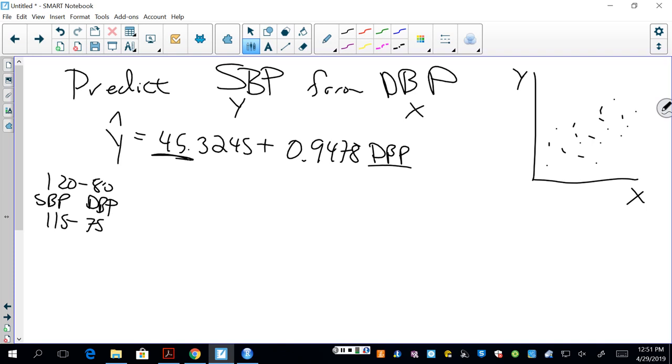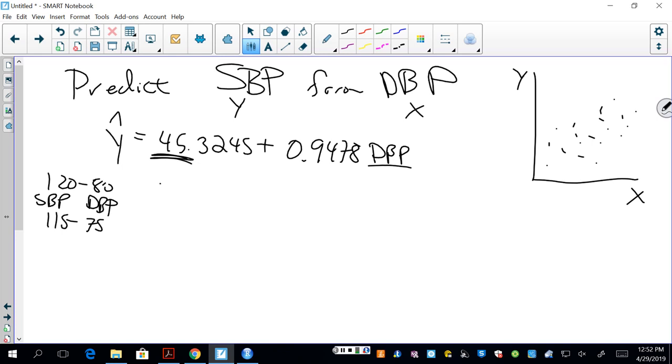And our intercept is about 45. It's about the difference between those two, slightly. And there's not quite a one-to-one relationship with them going up higher. If that was 1, then a 1 unit increase in diastolic blood pressure would mean a 1 increase in systolic, but they're not quite that strong. But that would be our prediction.